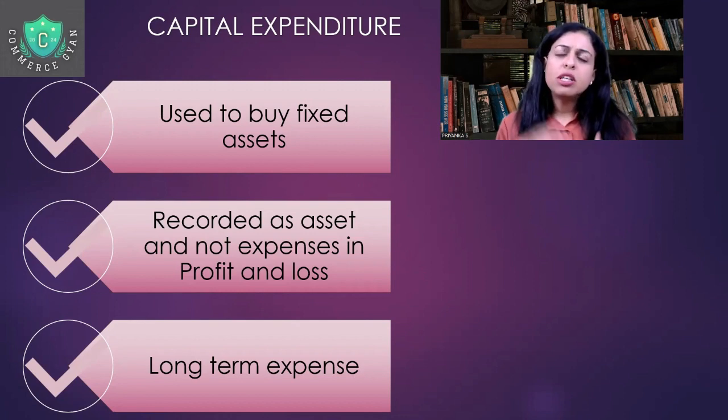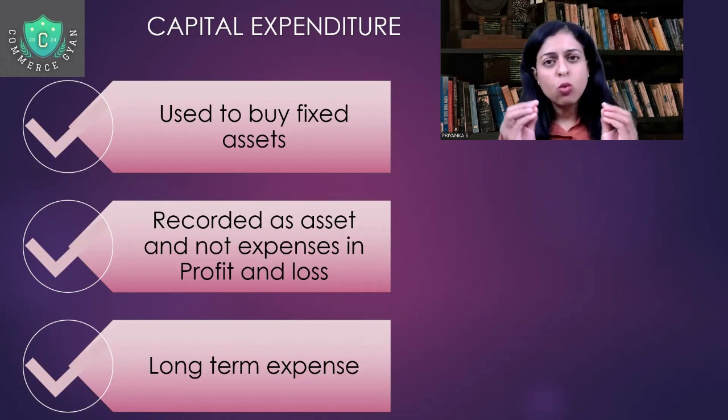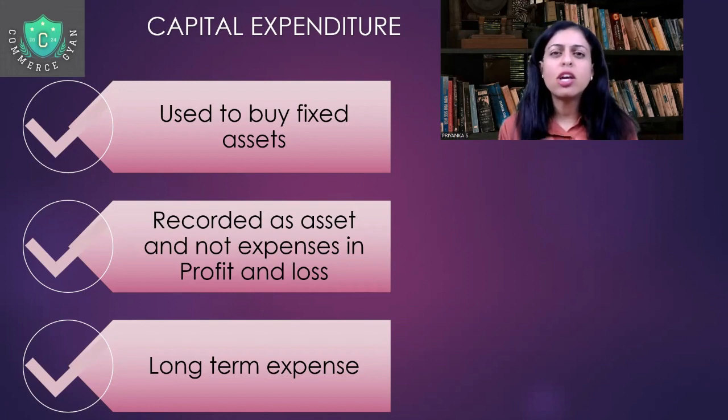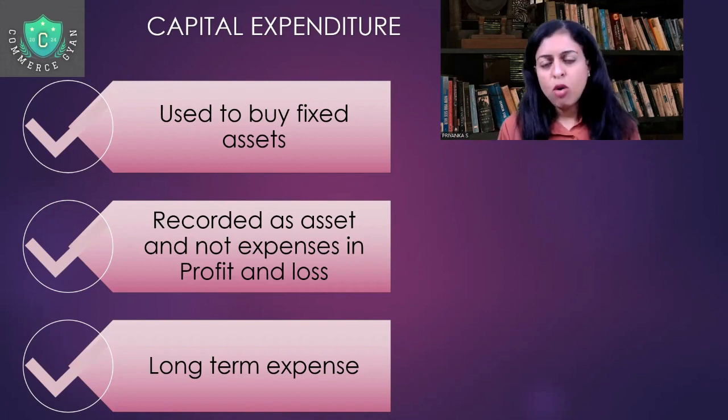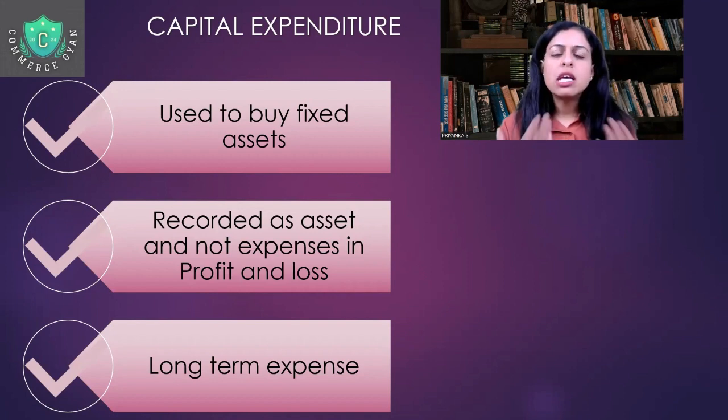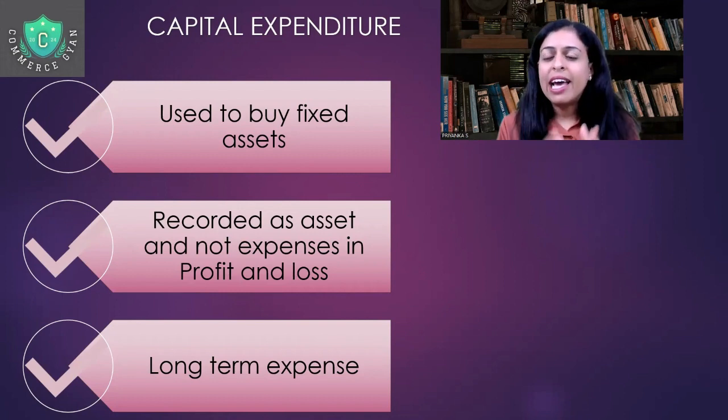So will I put the entire value of furniture or that machinery in this 1 year duration only and say, okay, I've spent money in this year, so it becomes my expenditure entirely in this year? Will my profits be correct? The answer is no, because this expenditure is not for the current financial year, it is for the upcoming years also, isn't it? So I cannot put the entire value in this same financial year.